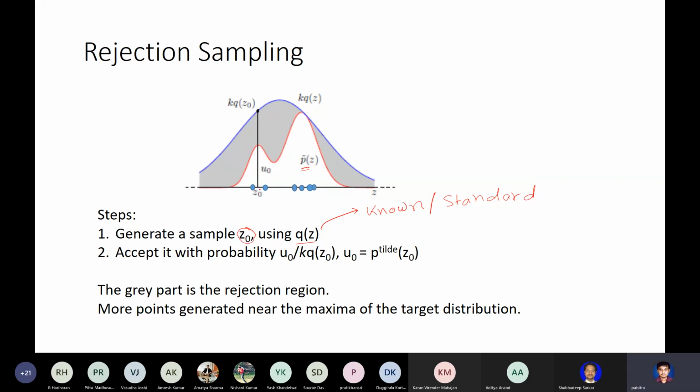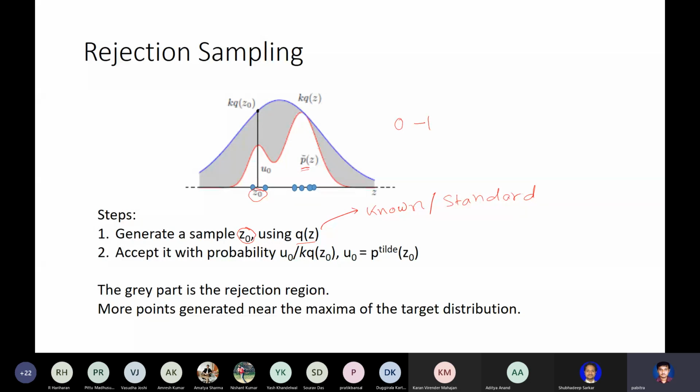Step one is the first random number generation. Now you generate a second random number between 0 and 1.